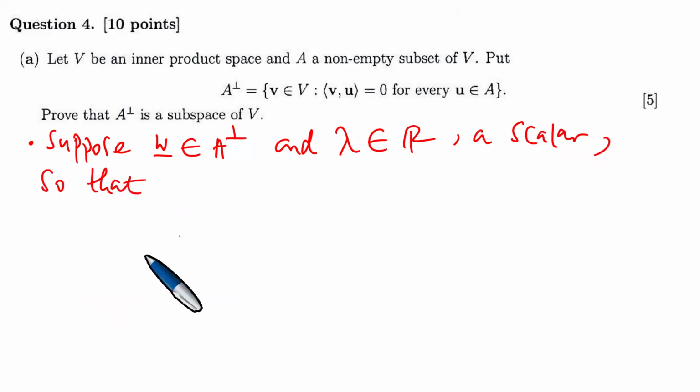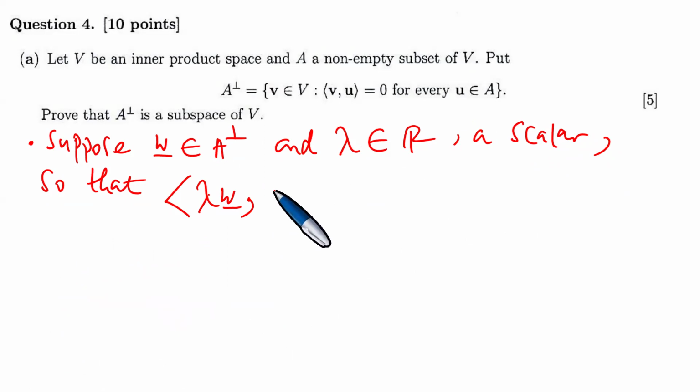Now you multiply these things, so you need to say lambda W, like this, right?